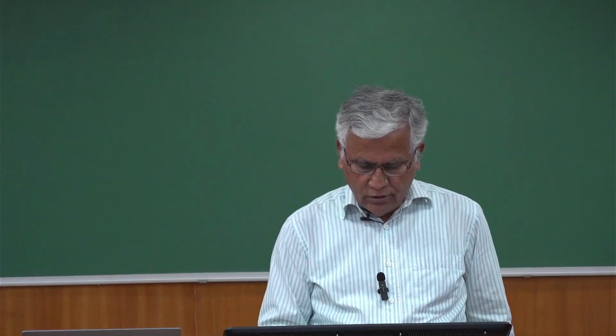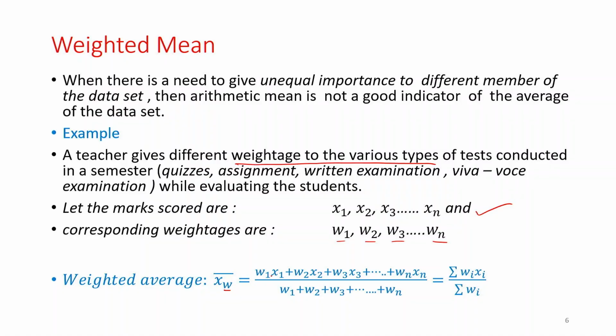This will be w1 into x1 plus w2 into x2, continuing up to wn into xn, divided by the sum of the weightages. So it is sigma wixi divided by sigma wi. This is another way to find out the mean, where there is a need to give different levels of importance to the scores.